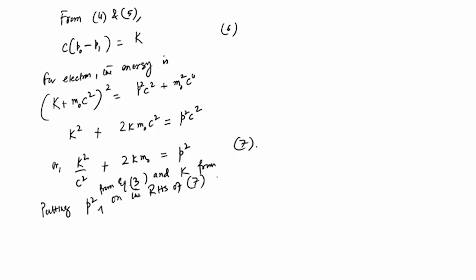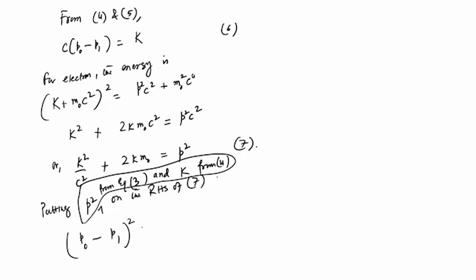That will give you the equation: p0 minus p1 whole square plus 2 m naught c times p0 minus p1 equal to p0 square plus p1 square plus 2 p0 p1 cosine theta. Simple algebra, but you have to do it carefully in order to get all the terms correct.